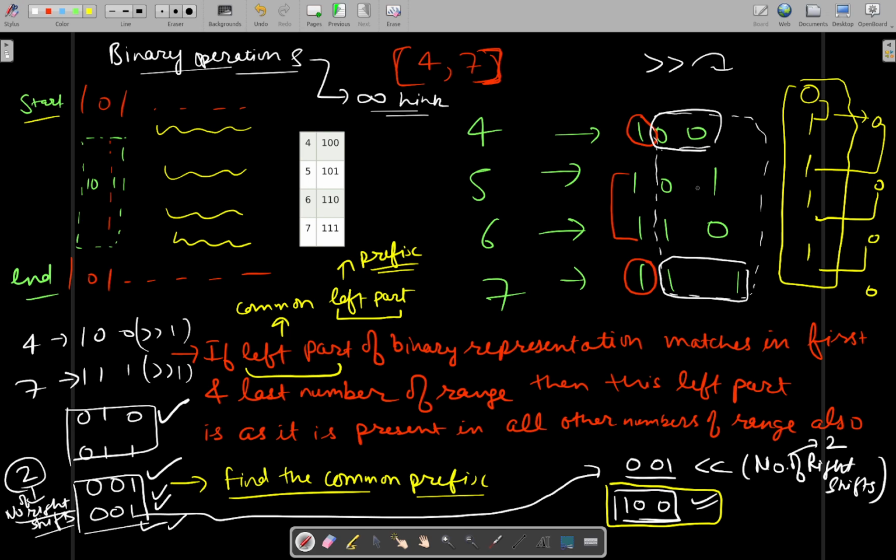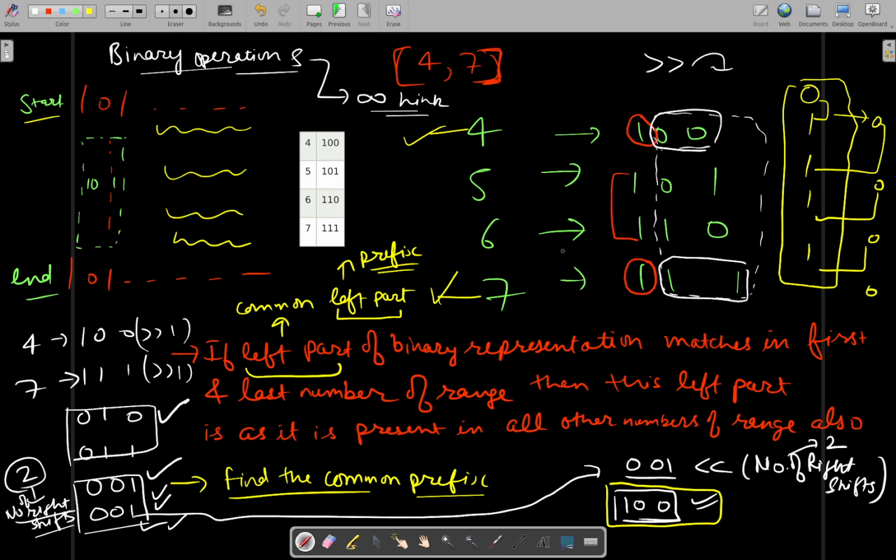So the effect of a certain bit is spread throughout the AND operation that we will be having. If these bits are not equal, they will anyway cancel each other out, and whatever is the common prefix between the first and the last term of the range will be our answer.